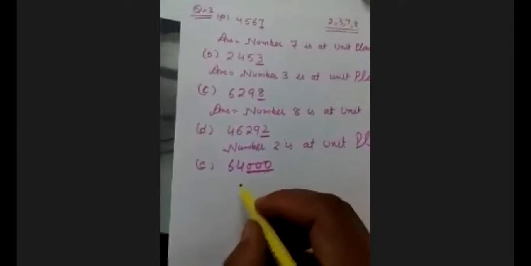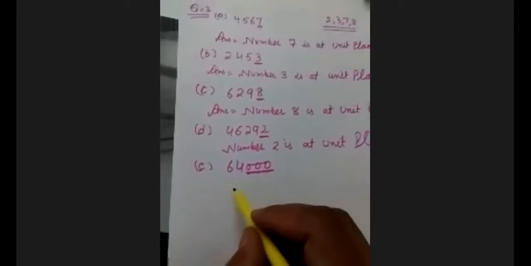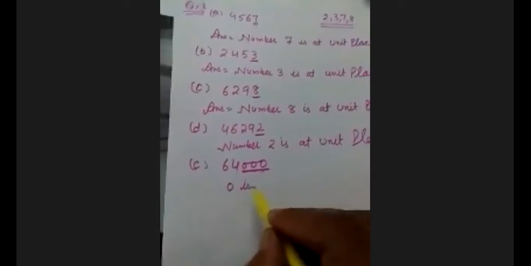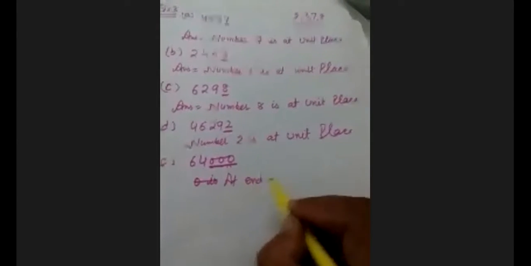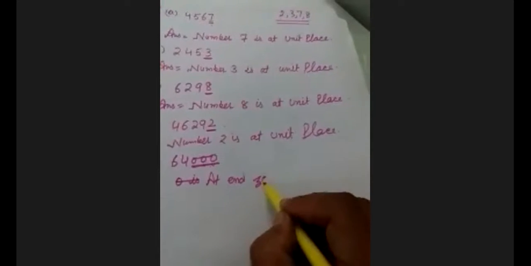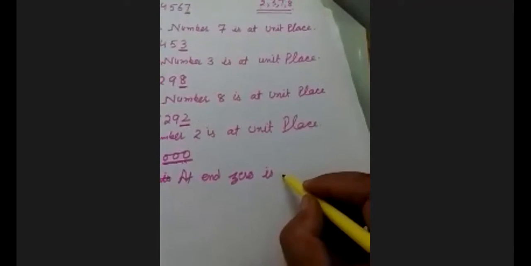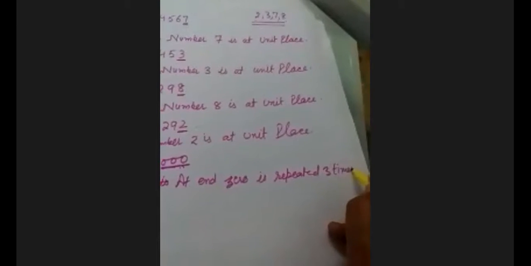So the reason is 0 is at last and 0 is repeated 3 times.